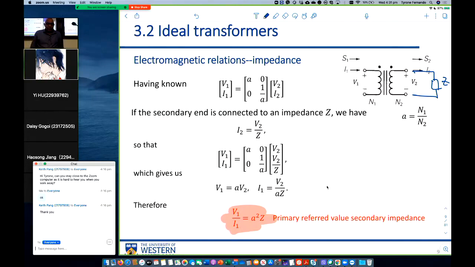Now in the secondary, we have the impedance.